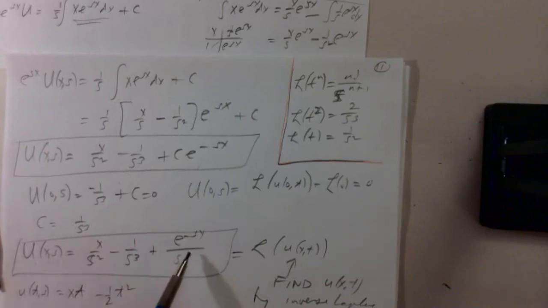And the only interesting thing is e to the minus sx over s cubed. So what is that? We can find that from the table, but we have to do a tiny bit of work.